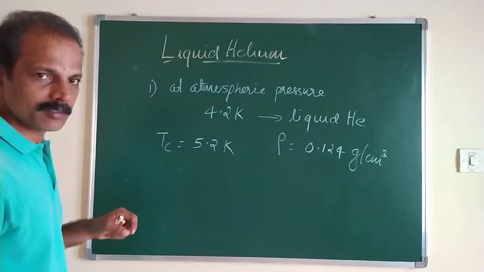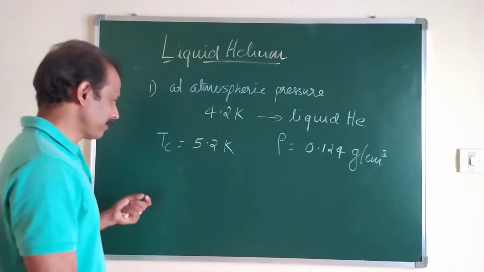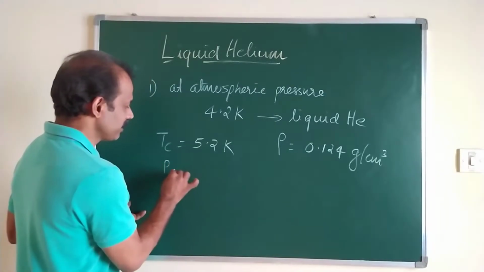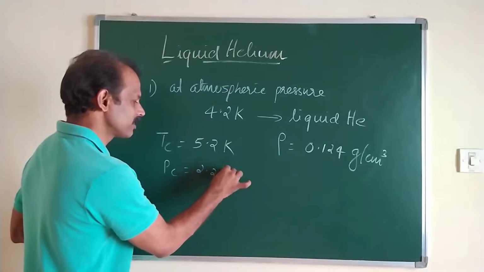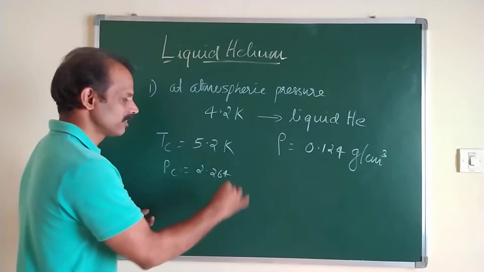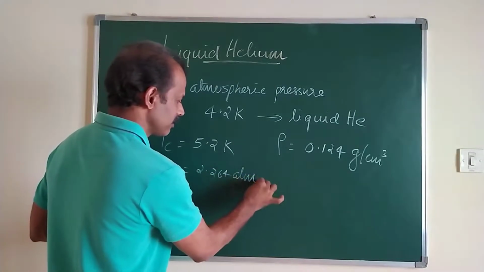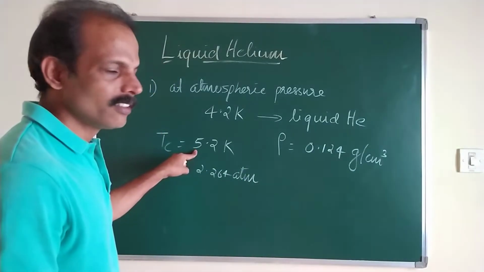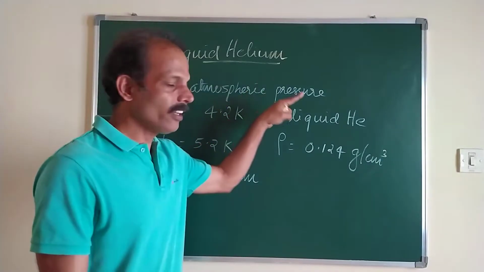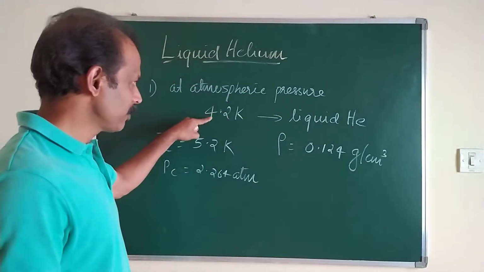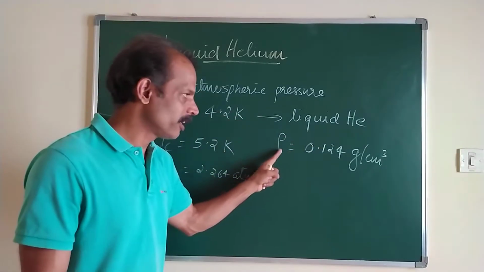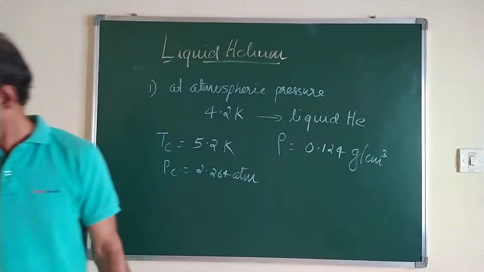We know what critical temperature is. And the critical pressure is equal to 2.264 atmosphere. So below this temperature, we can liquefy helium. At 4.2 Kelvin, helium condenses to form a liquid with a very low density.